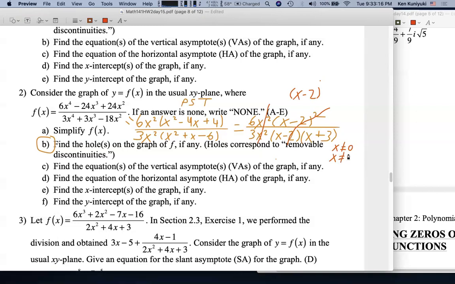Holes normally correspond to the hidden restrictions. All right, so find the holes on the graph. We're going to have a hole with an x coordinate of 0 and another hole with an x coordinate of 2.